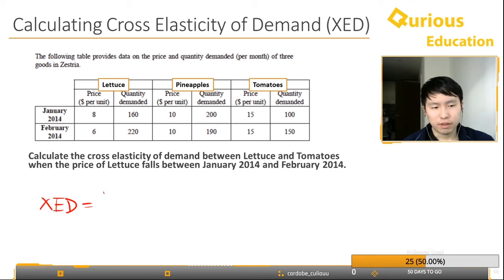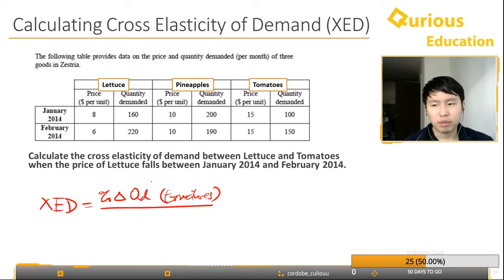So it'll be the percentage change in quantity demanded for tomatoes in response to a fall in the price of lettuce, in this case, divided by the percentage change in price for lettuce.